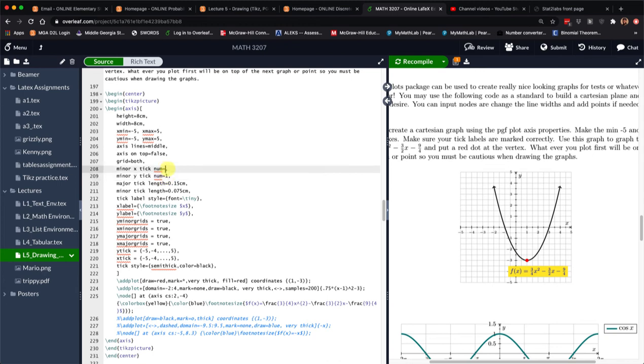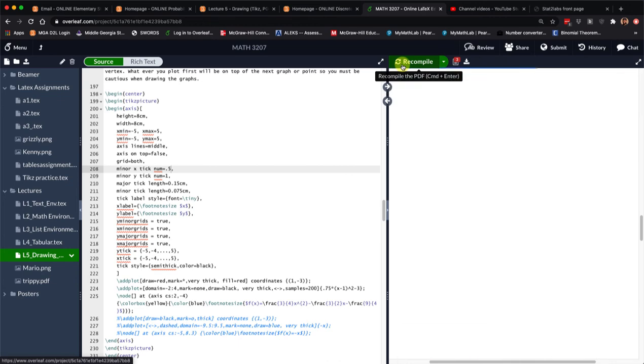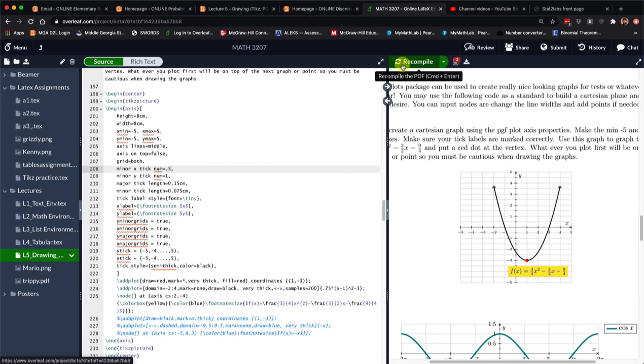If I did this by 0.5 instead for the minor X tick mark, it should give us some extra tick marks in there. Yeah, notice how the grid changed. The minor X tick number is putting the ticks on every half line instead of every whole number line. But I don't like the way that looks either, so I'm going to change that back to 1.